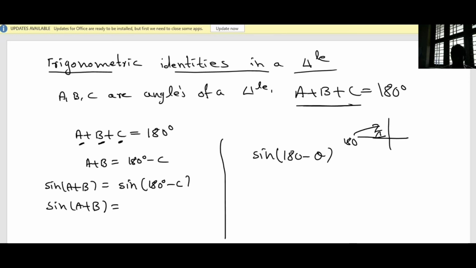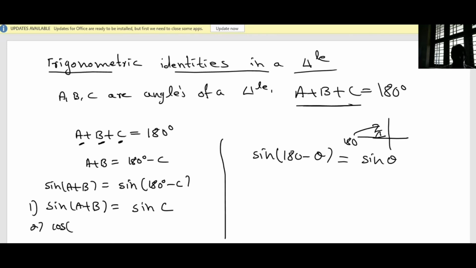Second quadrant, right? In the second quadrant, sine is positive. So sine of (180 minus theta) is sine theta. So sine of (A plus B) equal to sine of (180 minus C) gives only sine C. Very important identity: in a triangle, sine of (A plus B) is equal to the sine of the third angle.